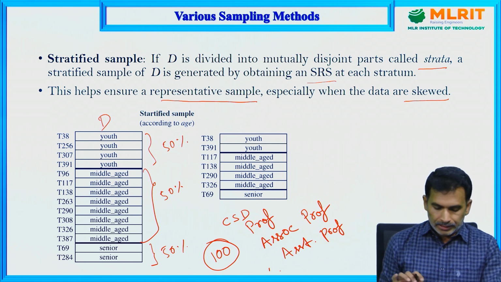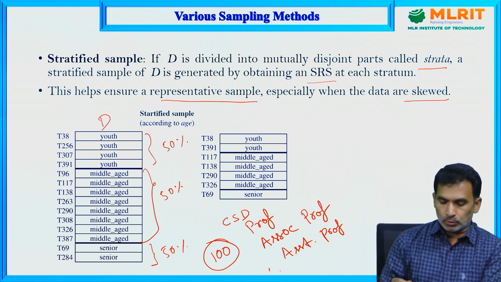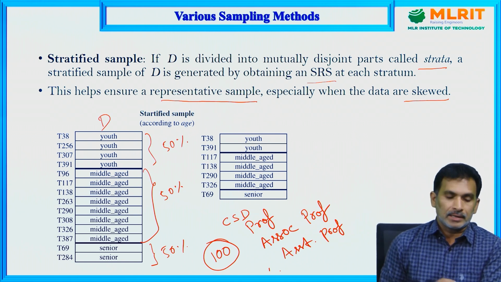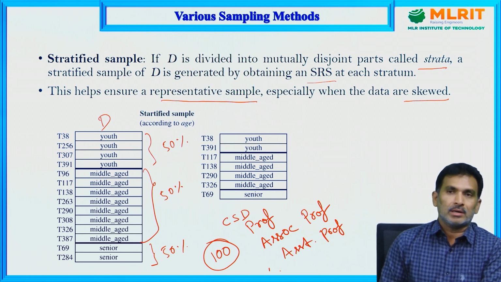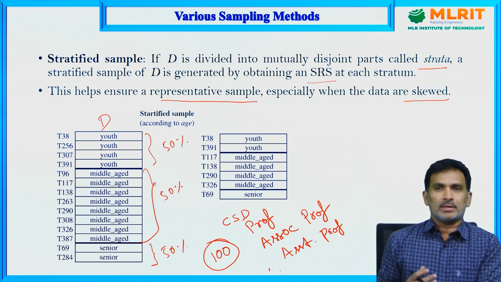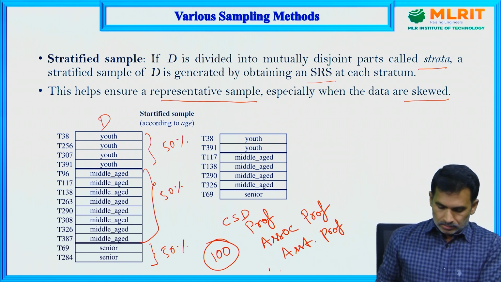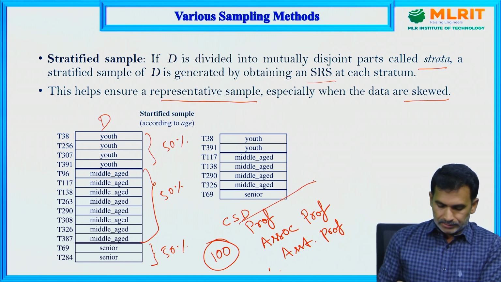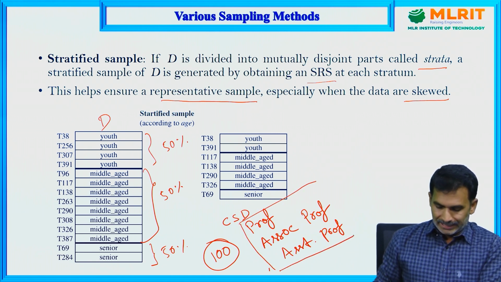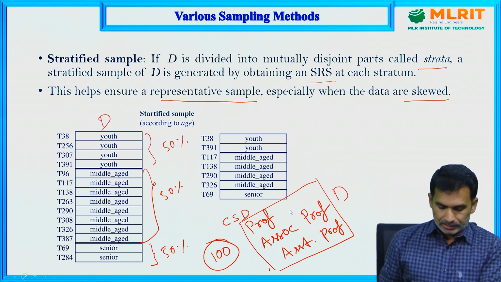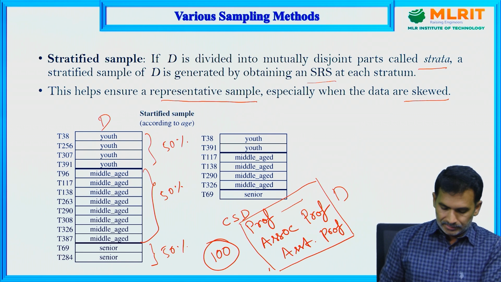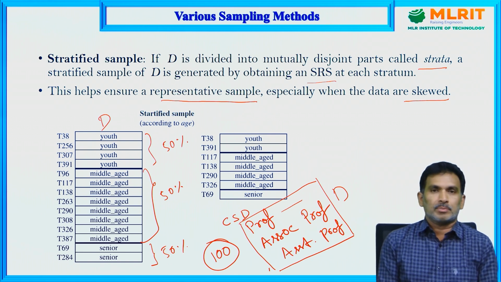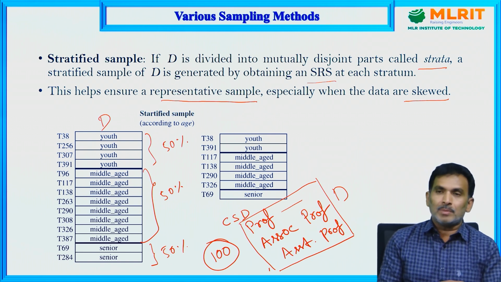In this case, we cannot simply use a simple random sample with replacement or without replacement, because the data points in this data set D are mainly categorized into three groups: professors, associate professors and assistant professors. So we cannot randomly select.